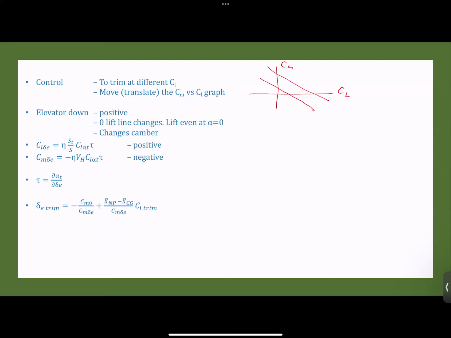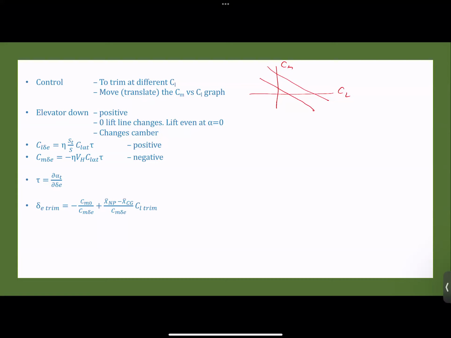Then we have the control surface effectiveness parameter, tau, that is d alpha t by d delta E. This again we had seen yesterday, varying definitions of it, varying properties. Then we had seen delta E trim, that is how much you need to deflect your elevator to trim at different CL trims. All right, so in this equation, you plug in the different values and you will be able to do it.